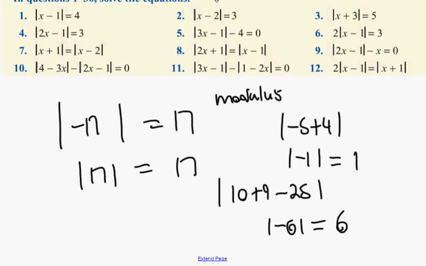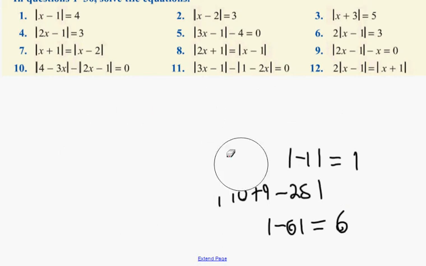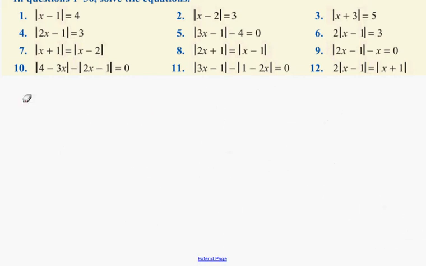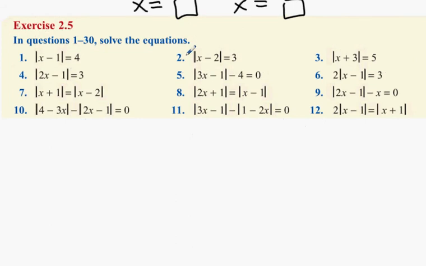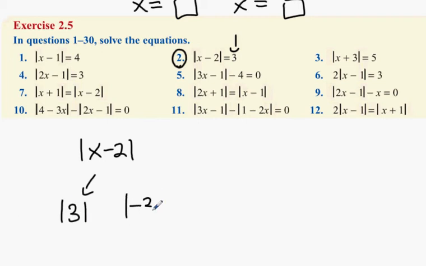Okay, perfect. Now, here's a really easy way of doing this. There's only two answers that can give you a modulus of 3. The modulus of x minus 2 equals 3, so x minus 2 can either be 3 or it can be minus 3. Do you understand? There's only two numbers that can give you an answer of 3.